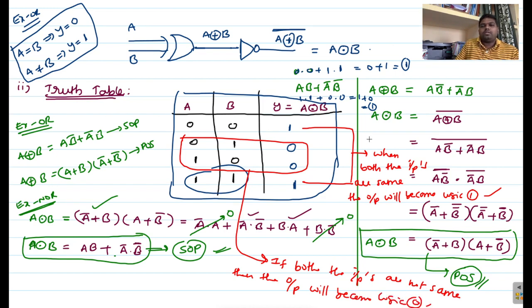This is the A equals to B case, and this one is the A not equals to B case. So finally what we can conclude? If A equals to B, then Y equals to 1.